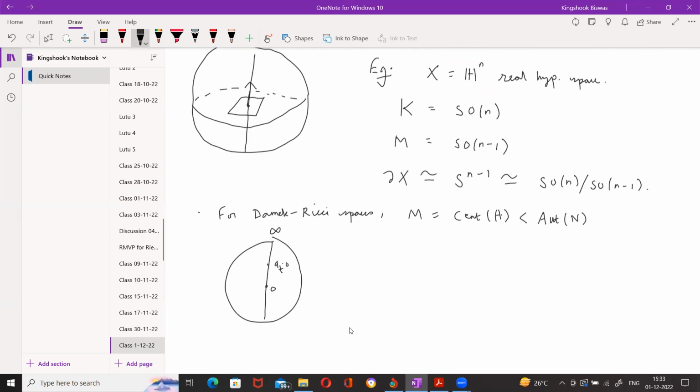There's a point at infinity, and let me call this a big zero, an opposite point here, and M acts again as rotations around this geodesic. So on the boundary, it has two fixed points, 0 and infinity.